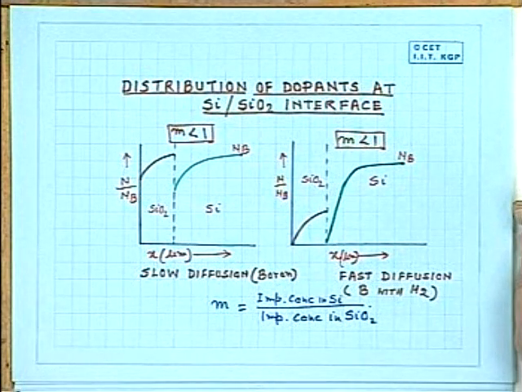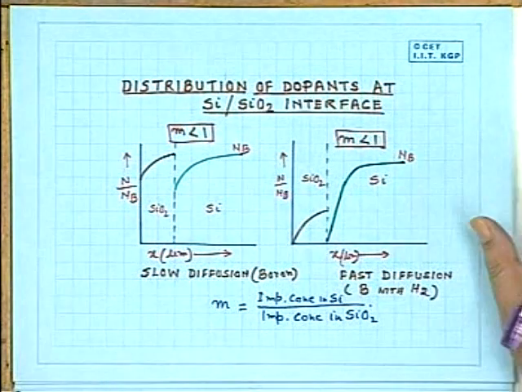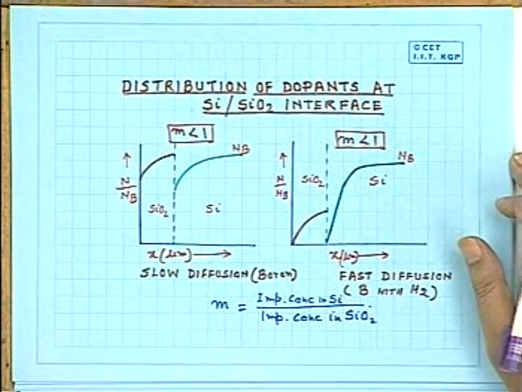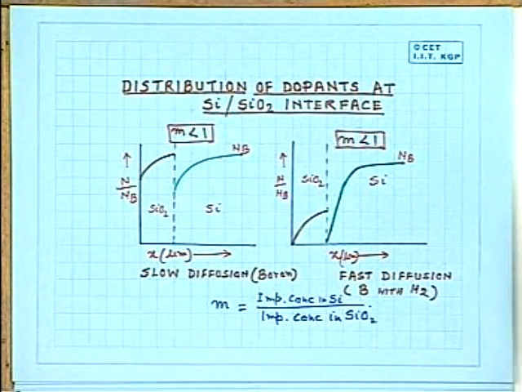That means during drive-in, oxidizing species, that is oxygen or H2O vapor, is also flown into the diffusion tube. So the impurity atoms which were already in silicon during pre-deposition will redistribute at the silicon dioxide interface.